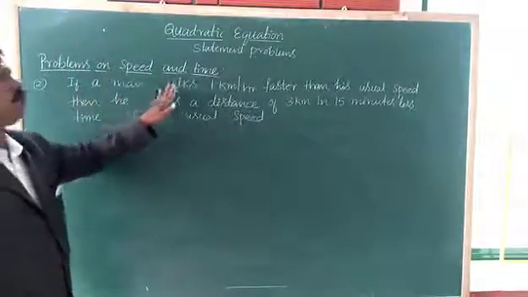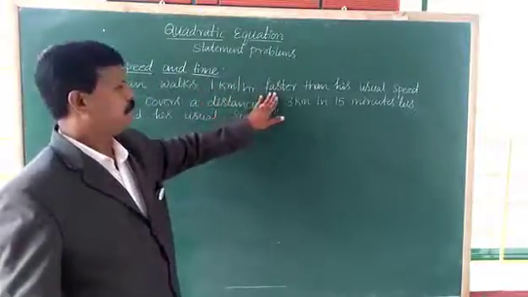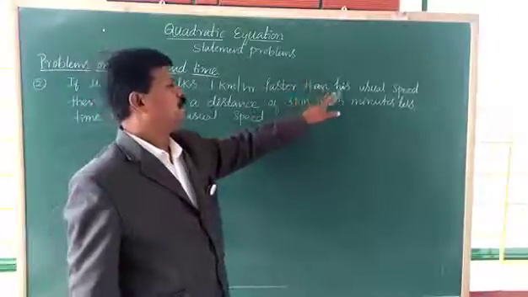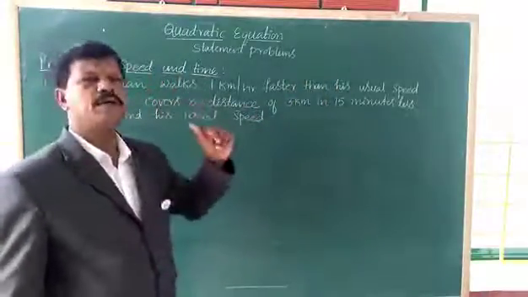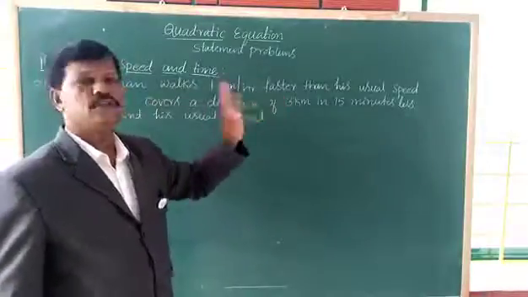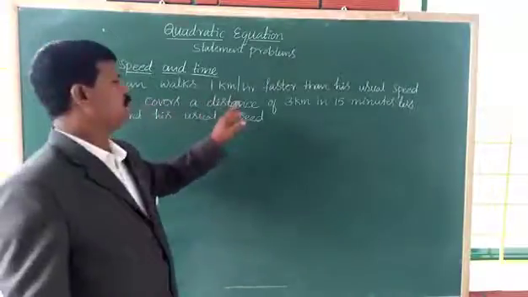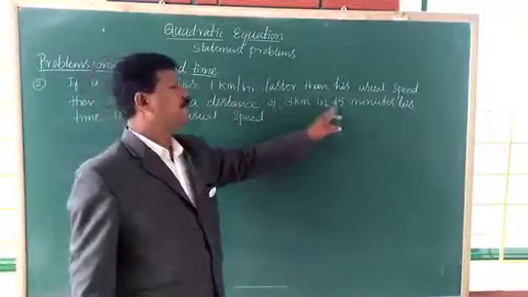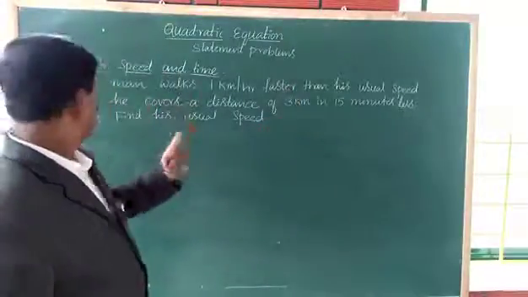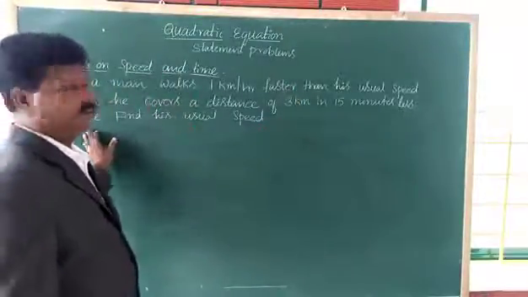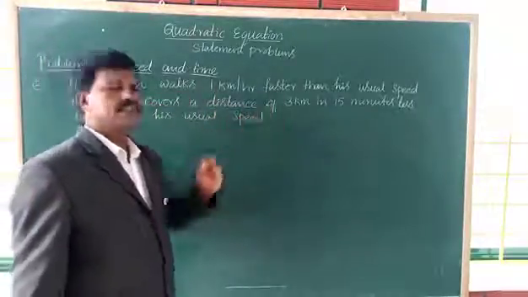A man walks 1 kilometer per hour faster than his usual speed. Then he covers a distance of 3 kilometers in 15 minutes less time. See here, the total distance is 3 kilometers.